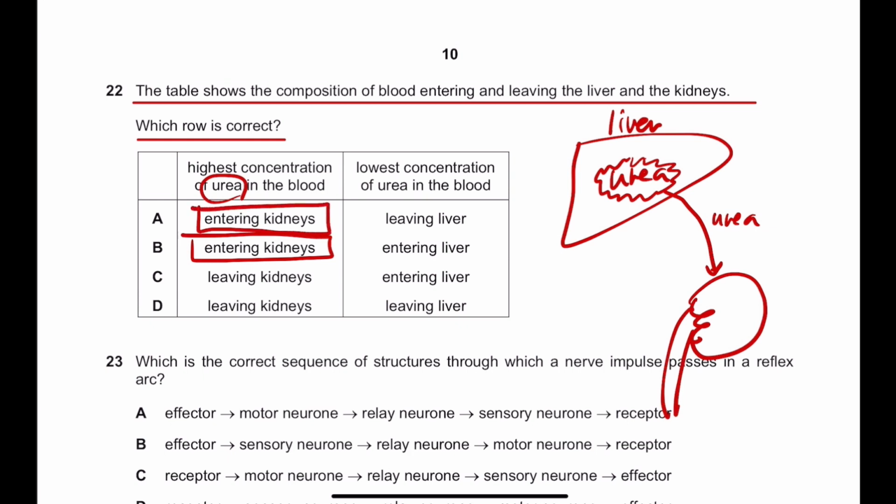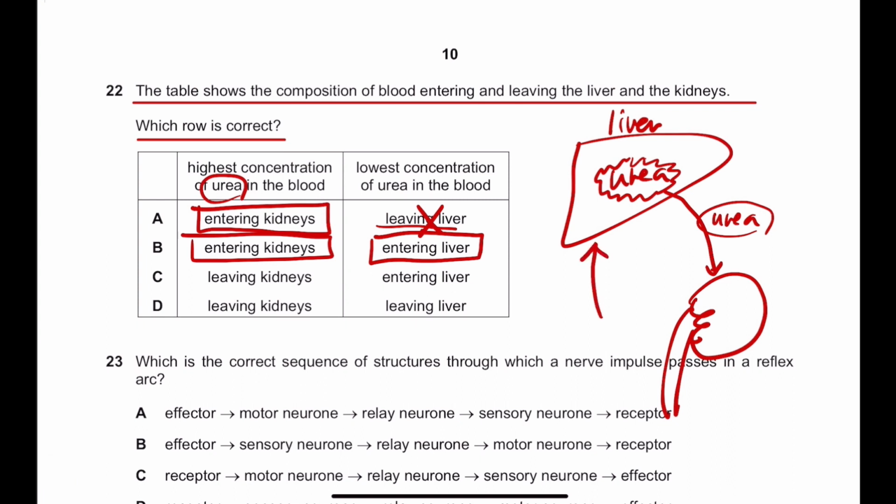The lowest concentration of urea in the blood is of course not the blood that's leaving the liver, because we just said that the blood entering the kidneys from the liver has the most urea, which is the same as the blood leaving the liver, right? So A is not correct. Must be B then. Entering the liver? Yes.